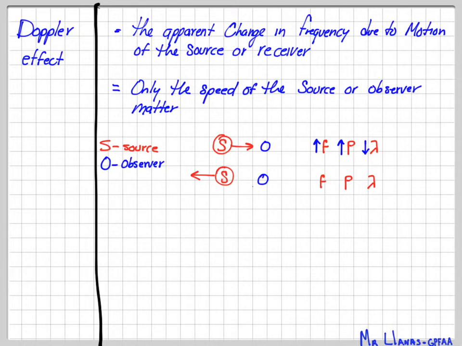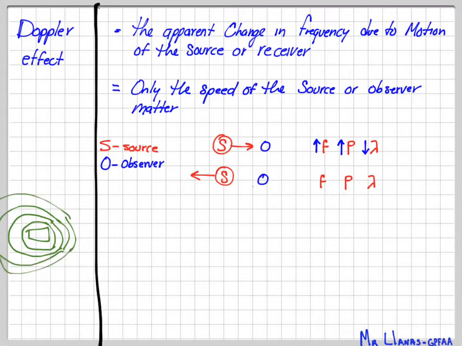That's because, with this little fire truck here, the wavelengths in front of it are going to be closer than the wavelengths behind the truck, because of the direction it is moving. They're moving this way, so these wavelengths are going to be closer or smaller, and the frequency will increase.